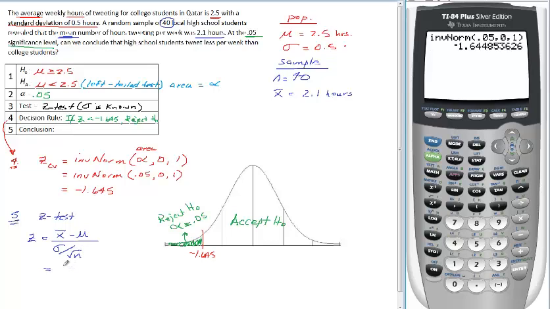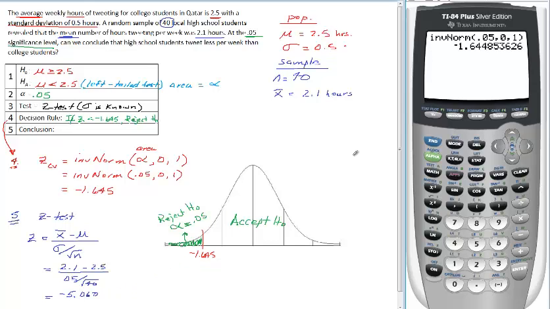If we plug those values in, we get 2.1, the mean of the sample, minus the mean of the population, 2.5, divided by the standard deviation of the population, which is 0.5, divided by the square root of n, and n is 40. If we do that out on our calculator, we get negative 5.060, which is indeed less than negative 1.645, so we are going to reject.